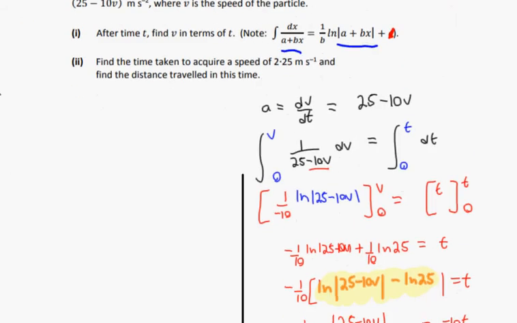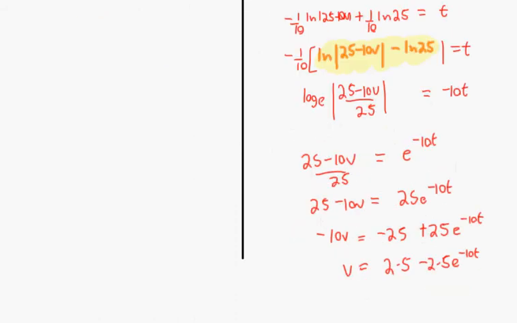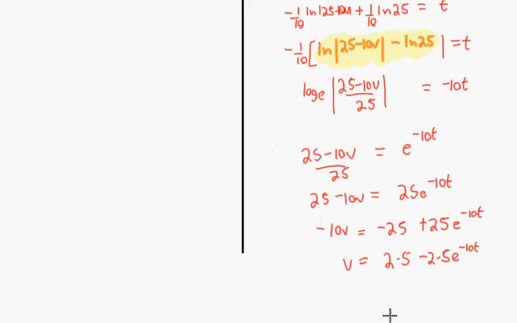What I'm thinking is, let's find the time taken for it to get to 2.25, which would be a good start. So v equals 2.25, so 2.25 equals 2.5 minus 2.5 e to the power of minus 10t. Everybody cool with that?